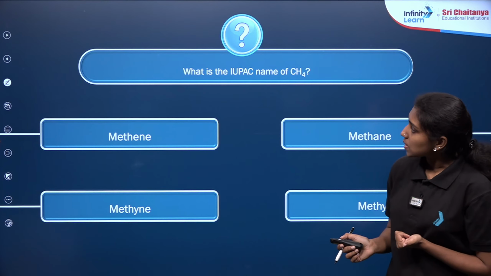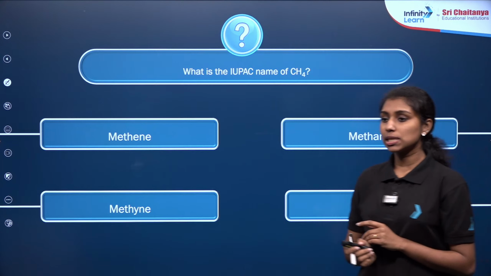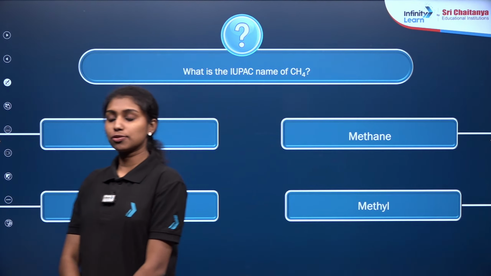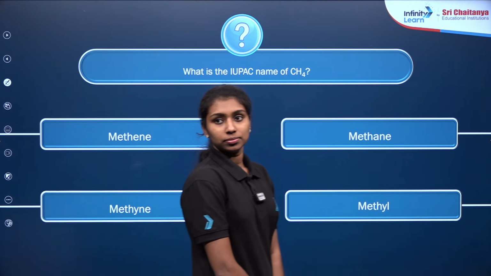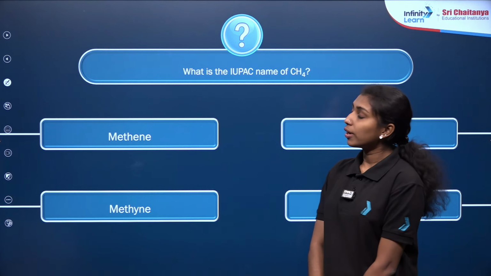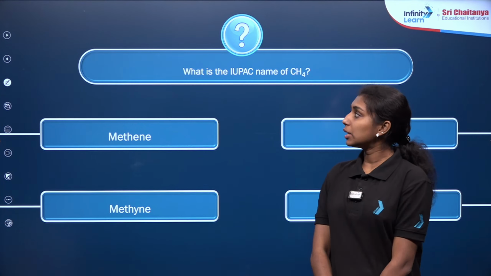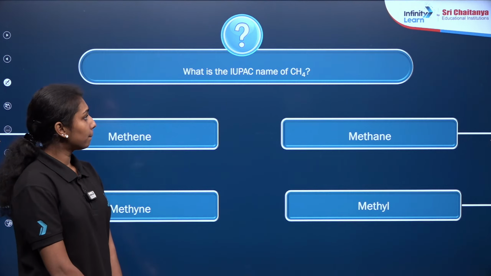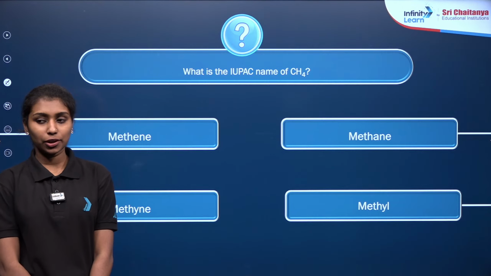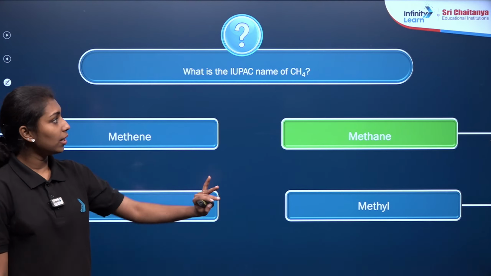Now let us go to the next question. What is the IUPAC name of CH4? Only one carbon atom is present. In the table the root word is given for the one carbon compound. Yes, very good. Methane is the correct answer, right?